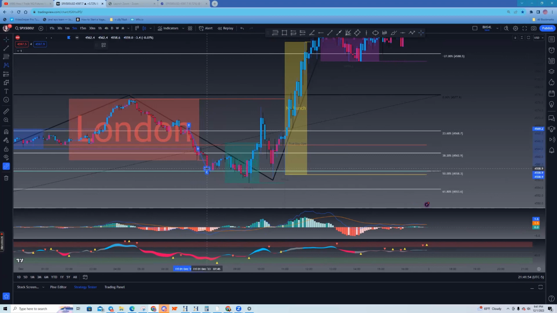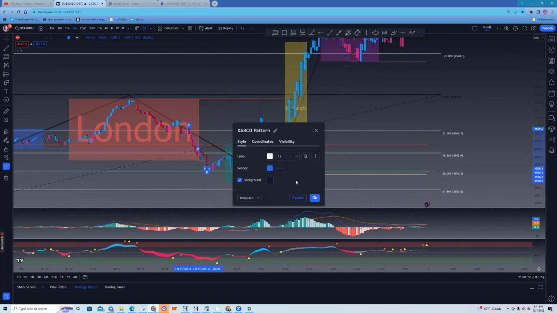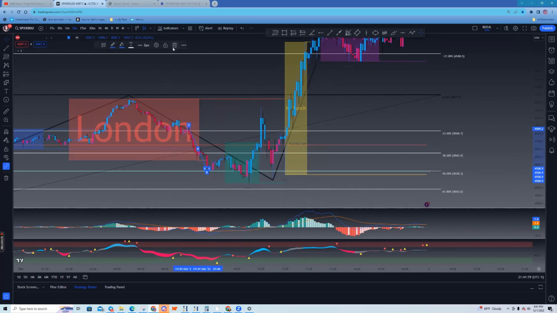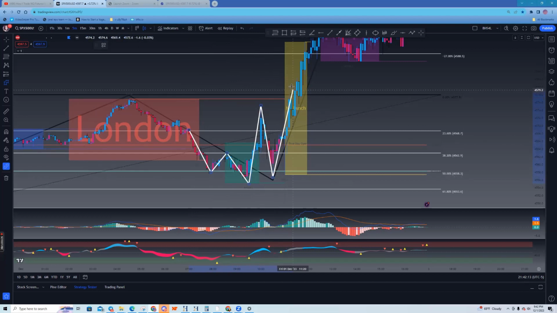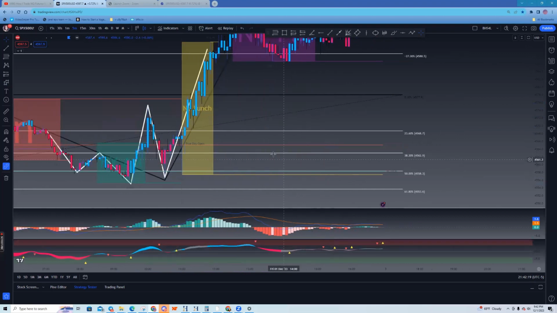I always grab that one when I don't need it. My eyes can't stop seeing it. That's just how I see breaker structure now. So this is what my eyes were seeing on the lower time frame. I just can't stop seeing it.